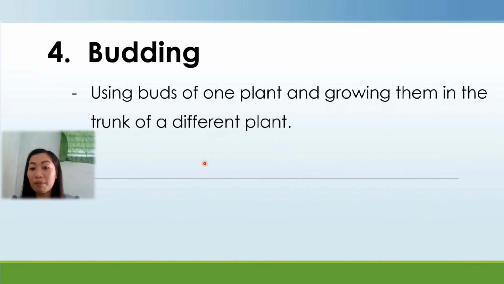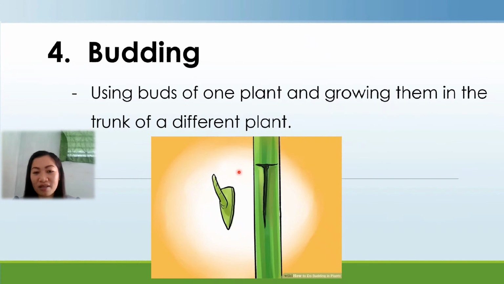Like this one, this is a bud. It's like the branch is still growing, so that is the buds of a plant. This is an example of budding.